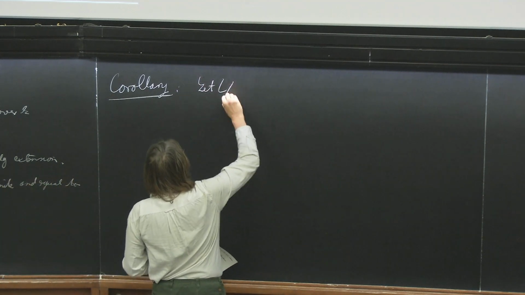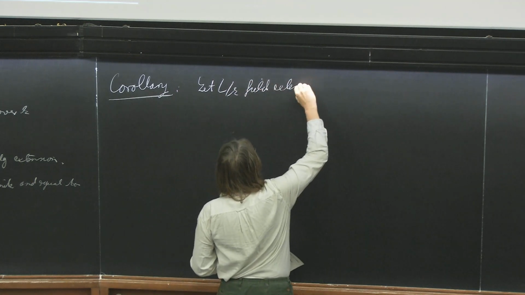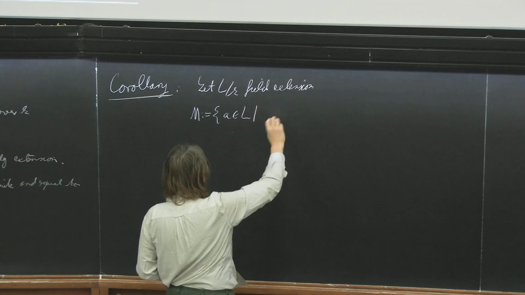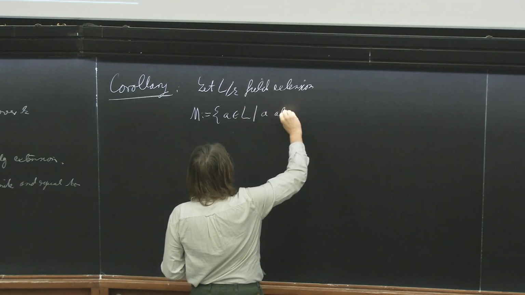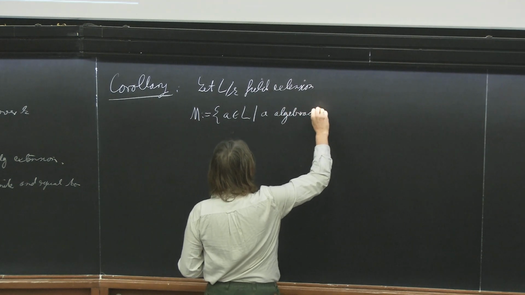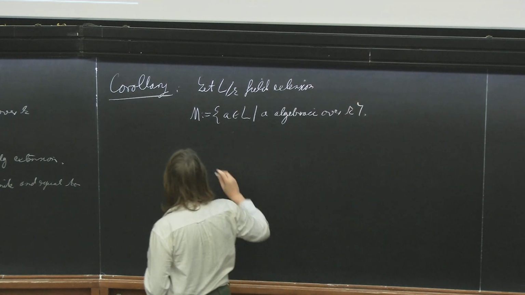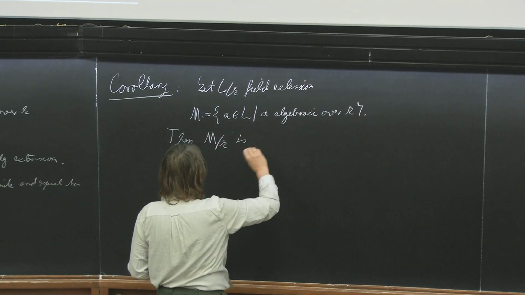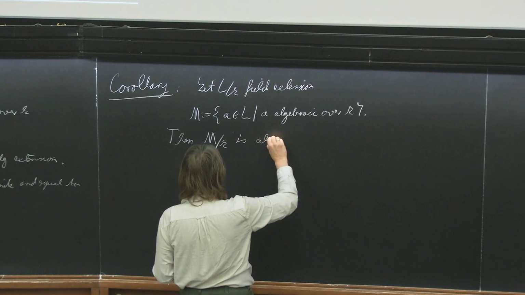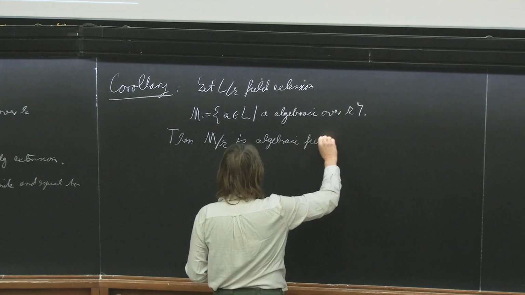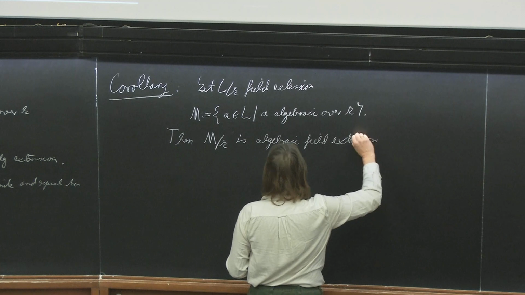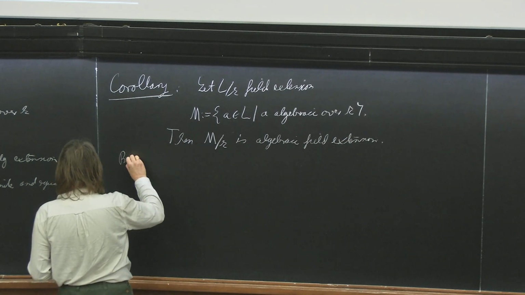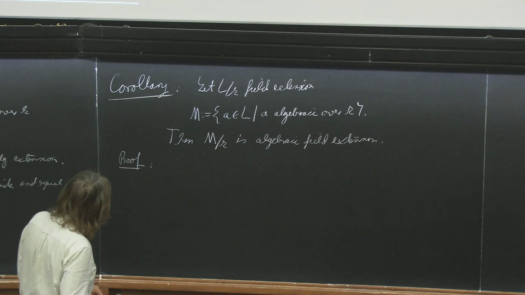Let M be the set of all elements in the bigger field which are algebraic over the smaller. Then M over K is an algebraic field extension, and K is a subfield. Basically, you only have to show that M is a field.